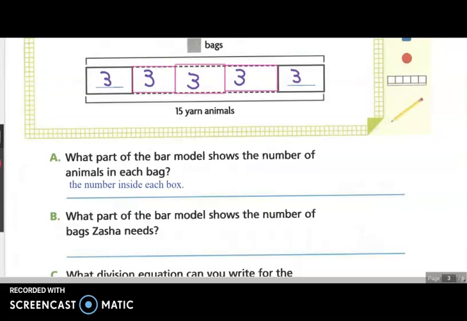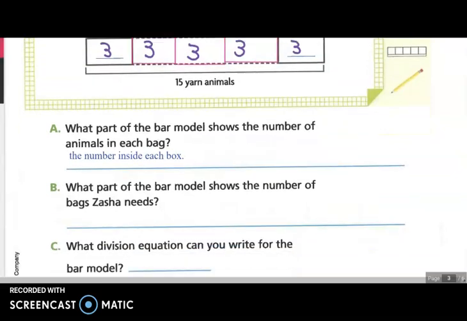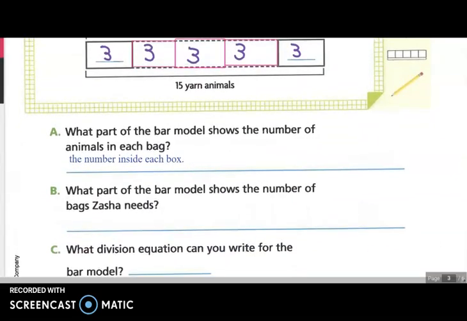Okay, B. What part of the bar model shows the number of bags Sasha needs? What part of it shows the number of bags she needs? What part of this shows the bags that Sasha needs?